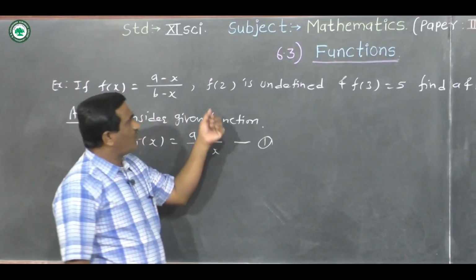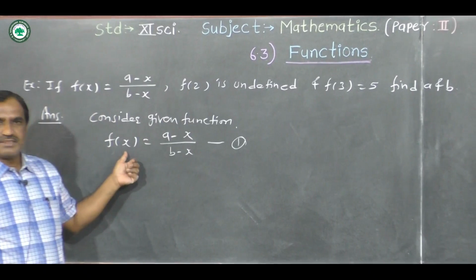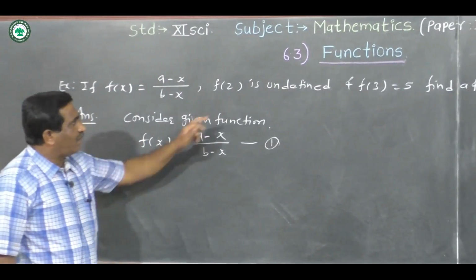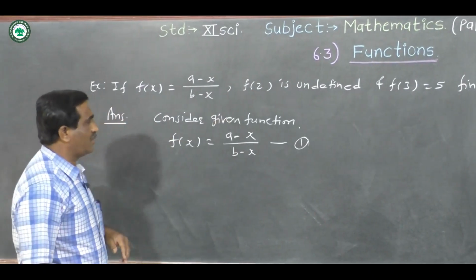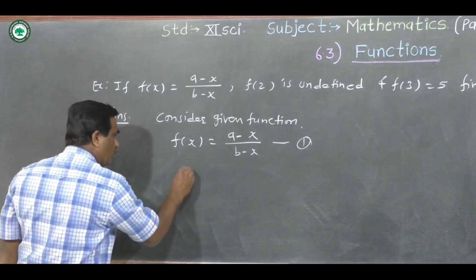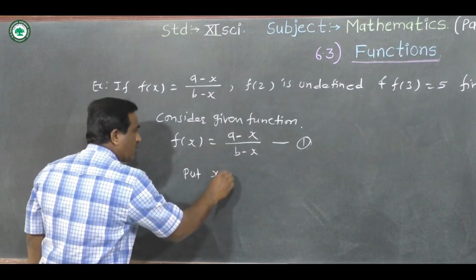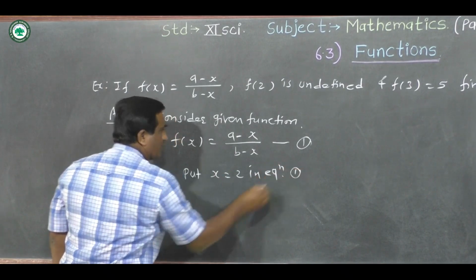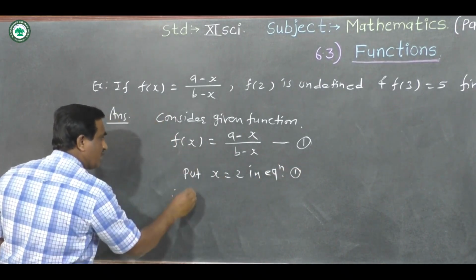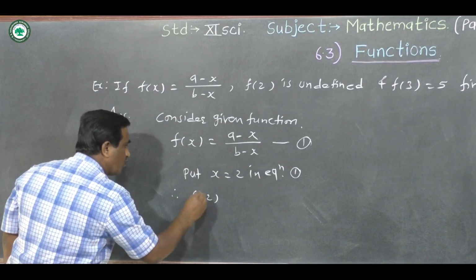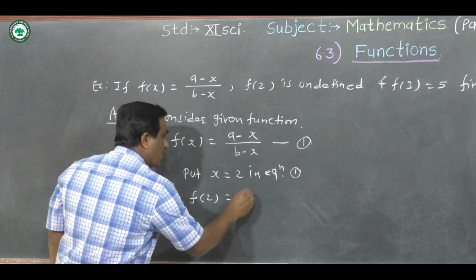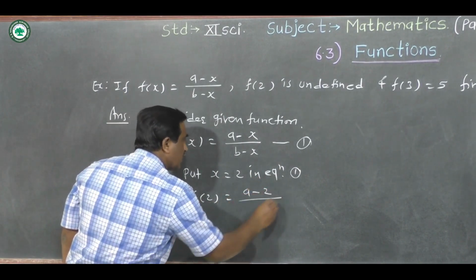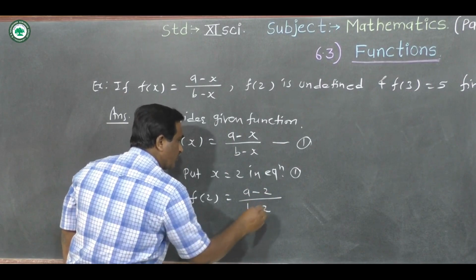First we put x is equal to 2 in equation 1. Therefore this equation becomes f of 2 is equal to a minus 2 upon b minus 2.